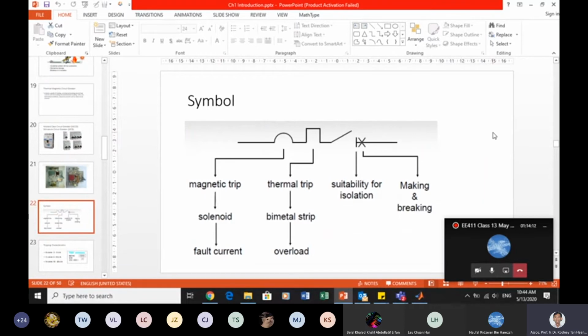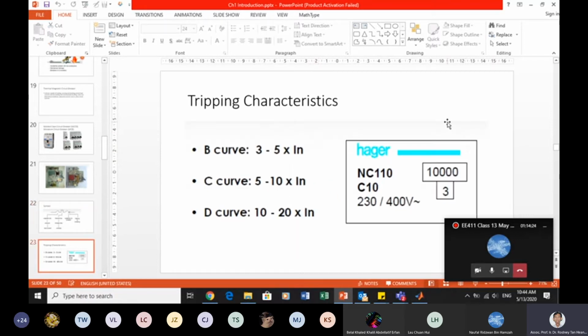For this type of electrical protection for the domestic, we need to know MCB and MCCB. And then the tripping characteristic. You can see there are different tripping curves for MCB.